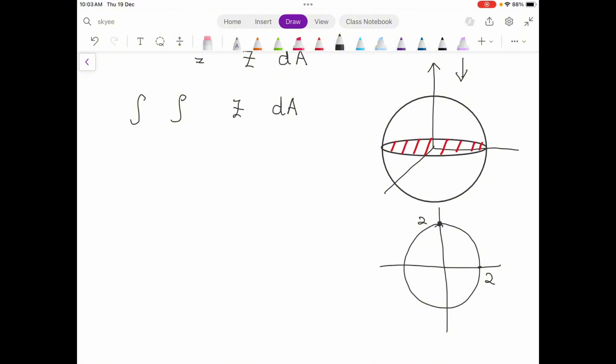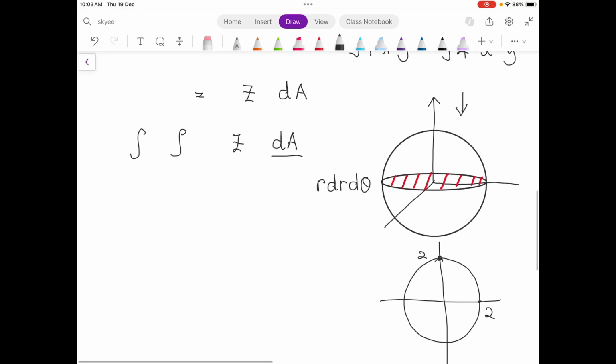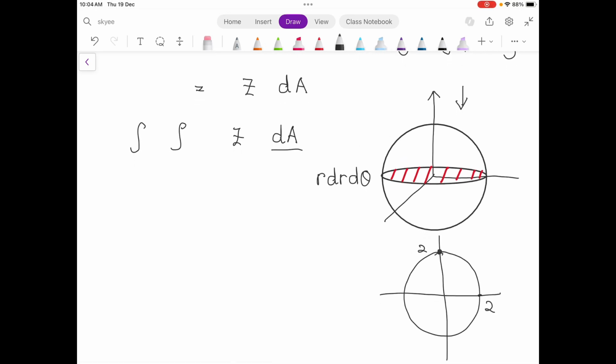Since this is a circular structure, the dA you can replace with r dr d theta. And the z, you can take from the function of the sphere, which is the square root of 4 minus x squared minus y squared. The integral for r will be from 0 to 2, and the angle from 0 to 2 pi.